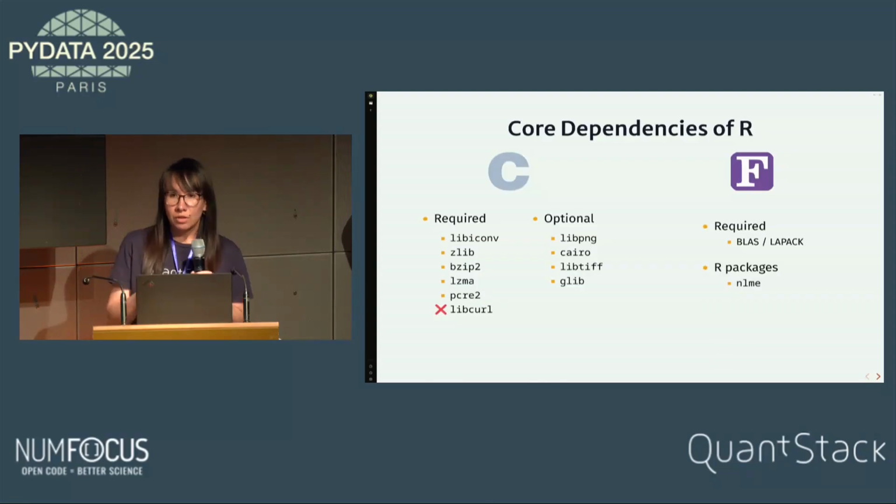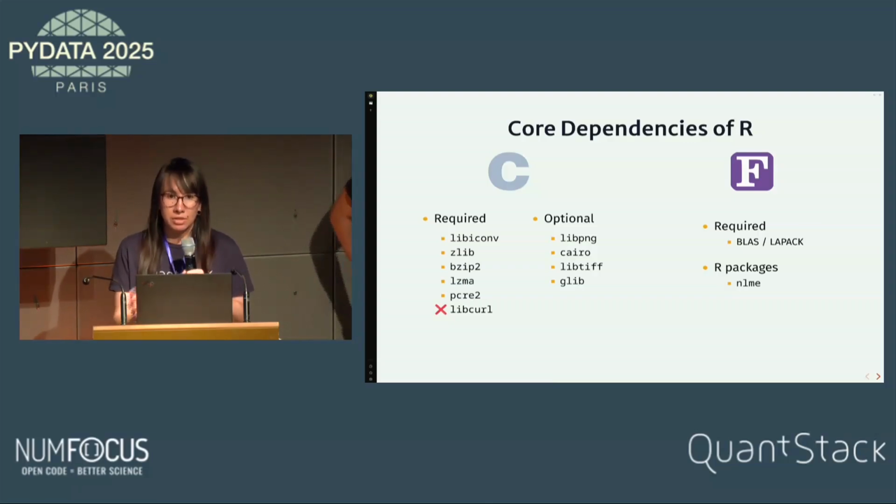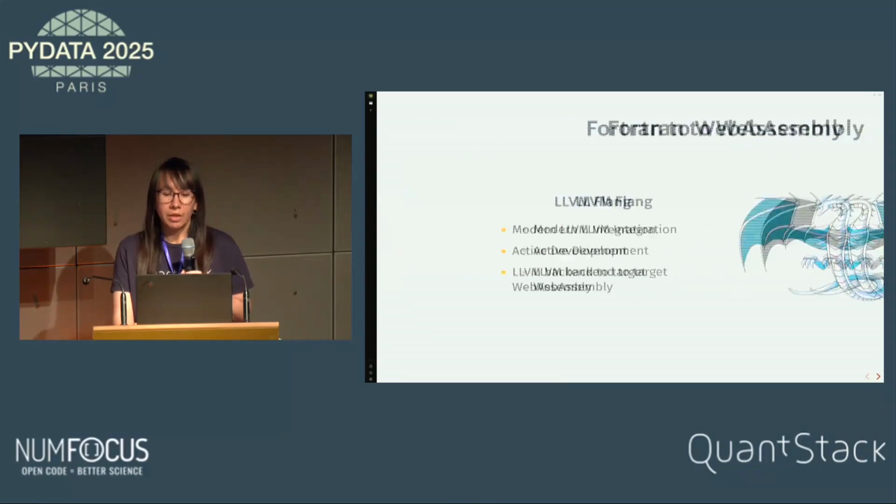To start off, we needed to package all the core dependencies of R, of course. Luckily, most of them are written in C, so that was easy to do with just Emscripten. We packaged all of these except for libcurl, but we also needed a way to compile Fortran code to WebAssembly so that we could have a BLAS-LAPACK implementation, which is required for the R source code.